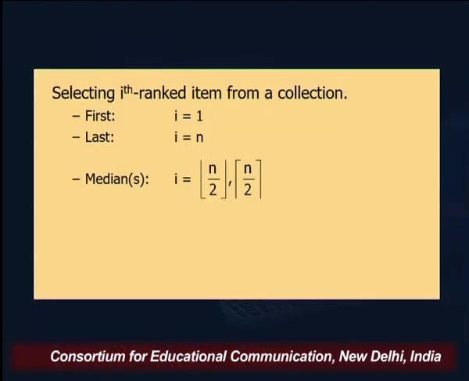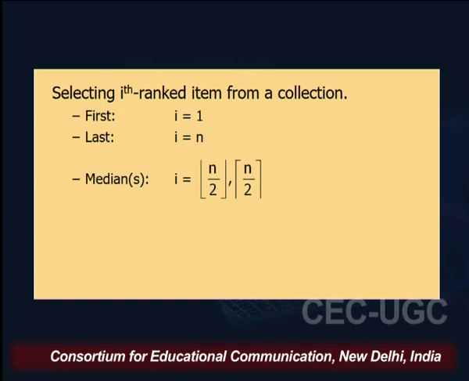Today we are going to deal with the problem of selecting the ith ranked item from a particular collection. If i is equal to 1, our job is very easy: we are looking for the first smallest element. If i is equal to n, again we are looking for the last, or the biggest, element.